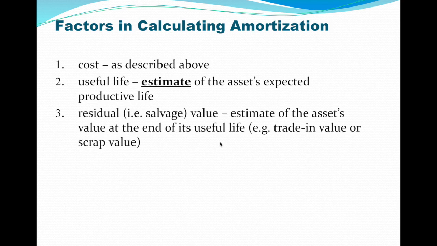Because when you get a car and after you've driven it for a long time, depending on the vehicle, you may not be able to sell it, but that doesn't mean that there's no value left. There's value in everything. And so when you're thinking of amortization, these are the three main factors that amortization is concerned with. But we're going to talk more about amortization in the next video.